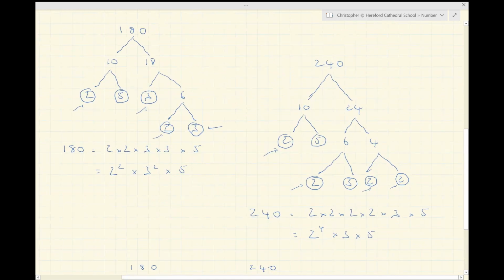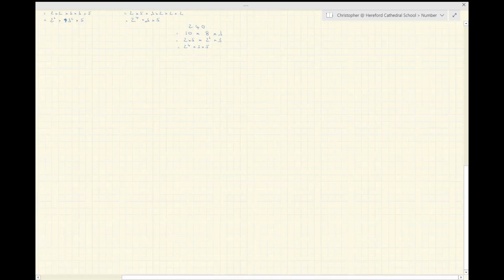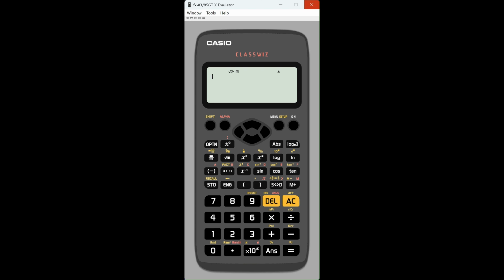Now, I said I had a calculator hack, and here it comes. Right, so here is my calculator, and this is my calculator hack for writing numbers as products of prime factors. All one does is put the number in and press equals. Right, 180 is the number we're dealing with. Now, you can probably see that one of my buttons has fact written above it in yellow there, fact.